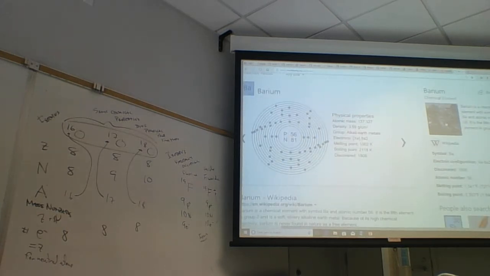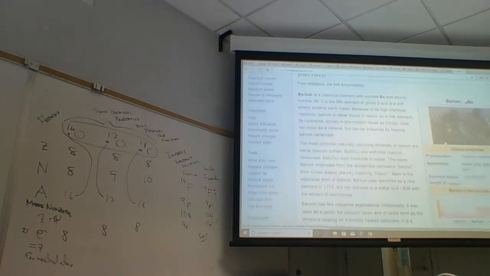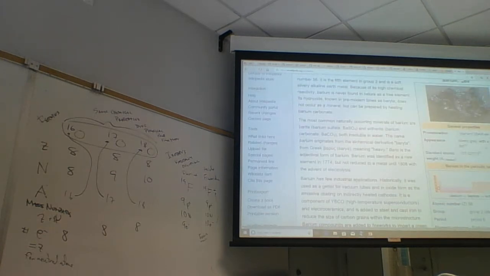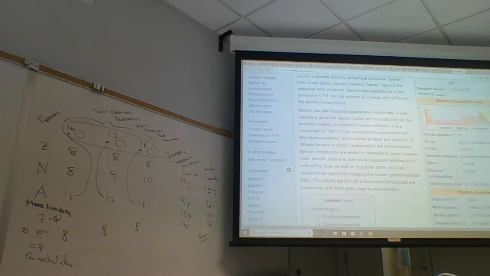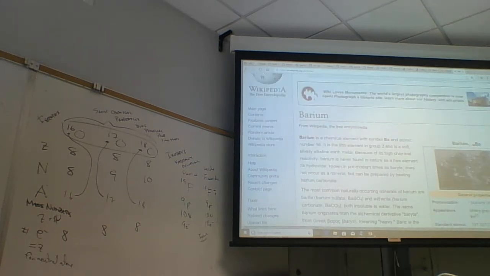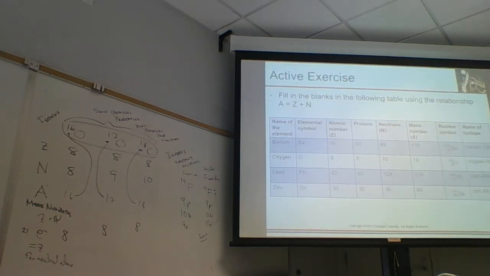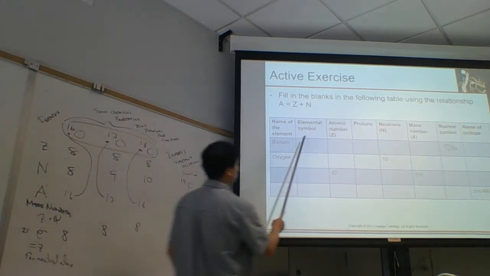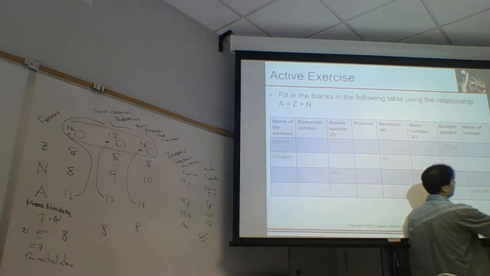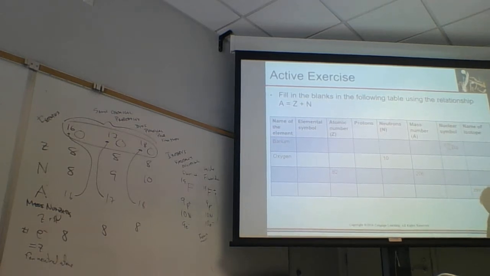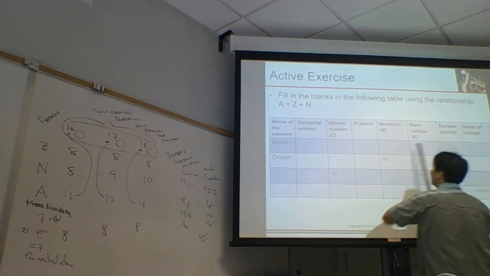It looks like this, silvery gray with a pale yellow tint. So from Ba we go to what element number is Ba? It's element number 56. So that goes here.